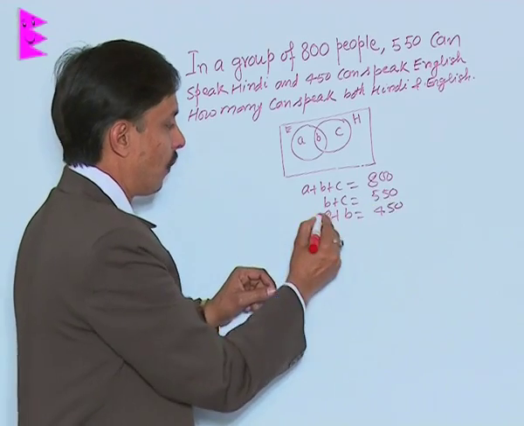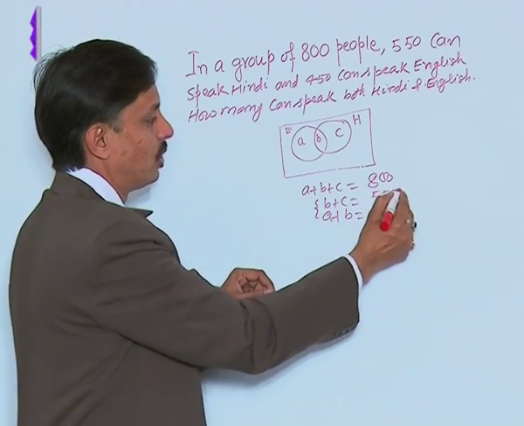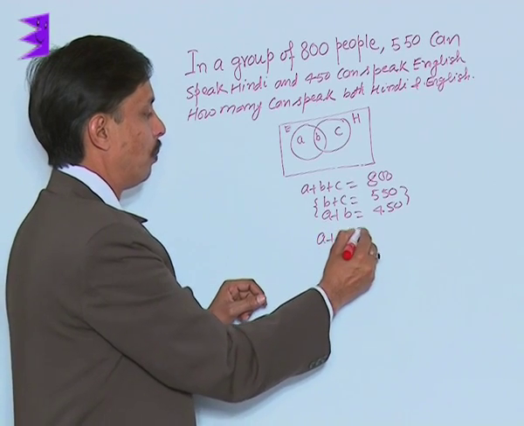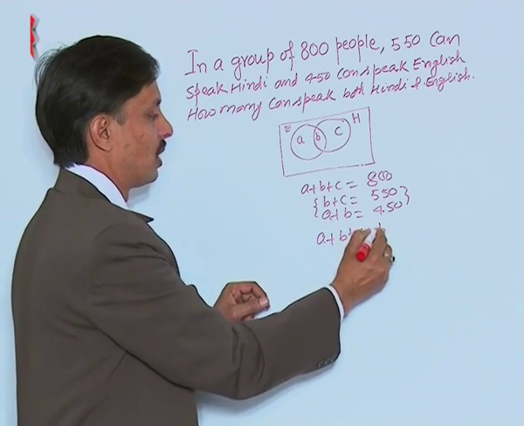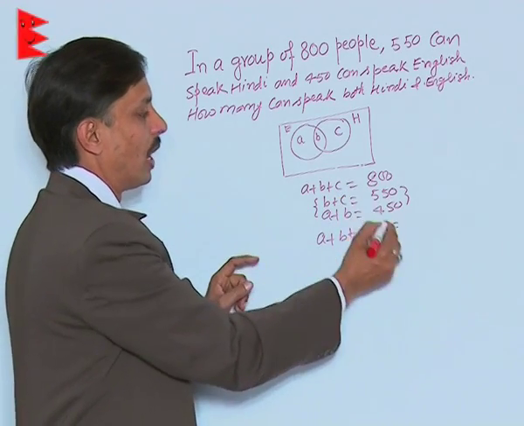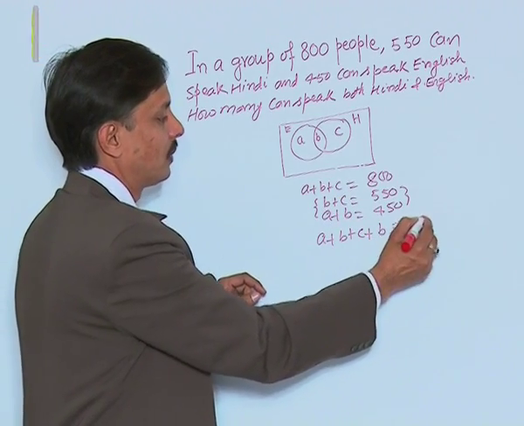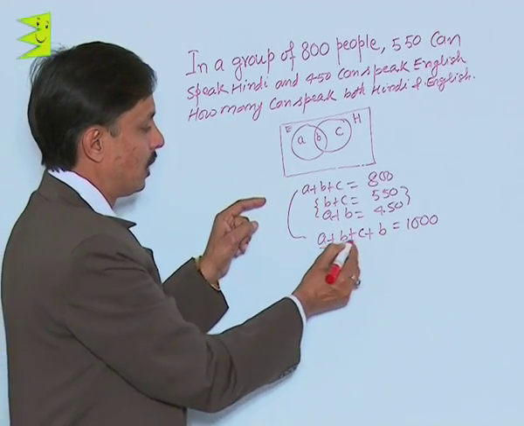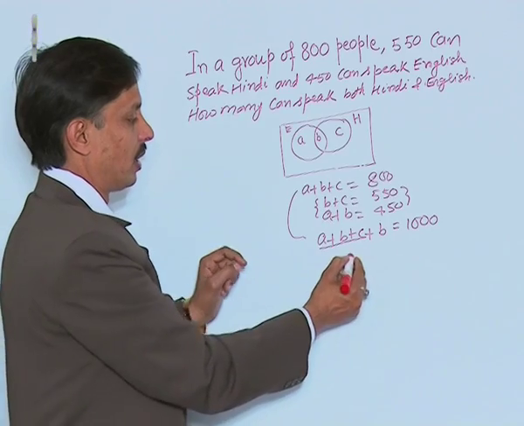450. If I ask you to add these last two equations, you will get A plus B plus C plus B, which is 550 plus 450, and this becomes 1000. Now in place of A plus B plus C, we can put 800.